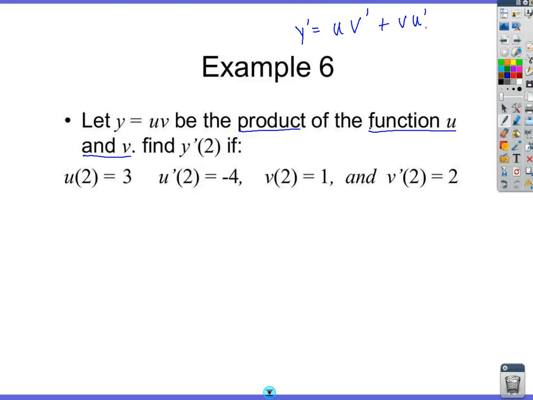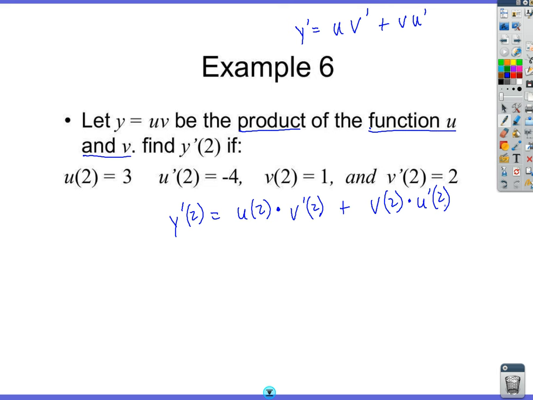So now if I want to find y prime of 2, y prime of 2 is equal to u of 2 times v prime of 2 plus, check up here, v of 2 times u prime of 2.